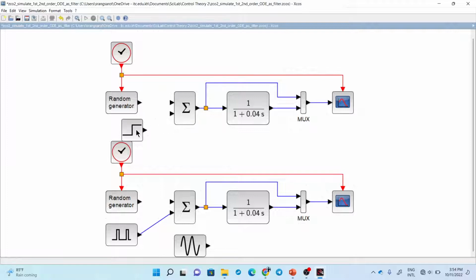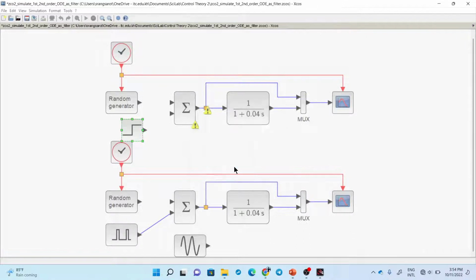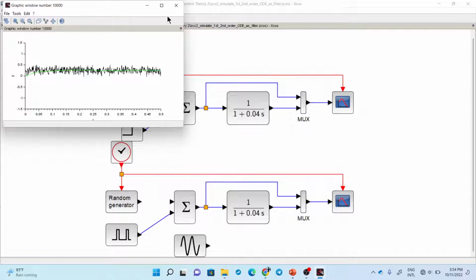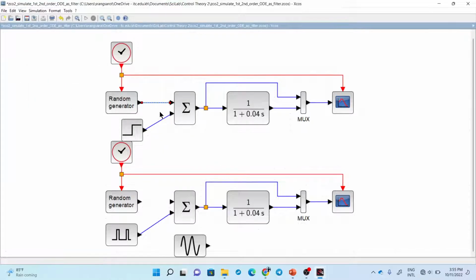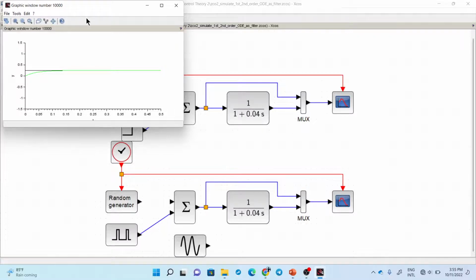Why undefined? Step. Initial value 0, final value is here. Step time at 0. Just try this one. Oh, what happened? And I did this again. Yeah. Okay.